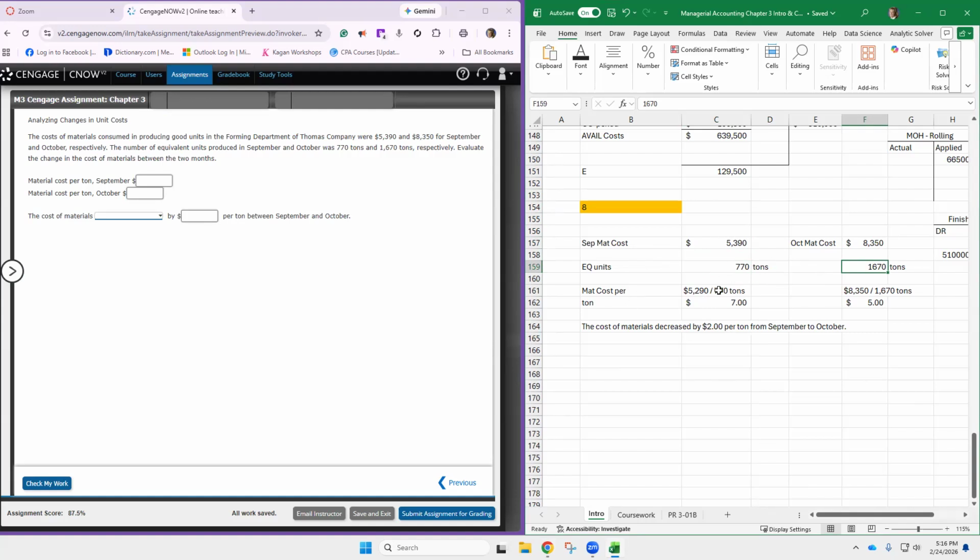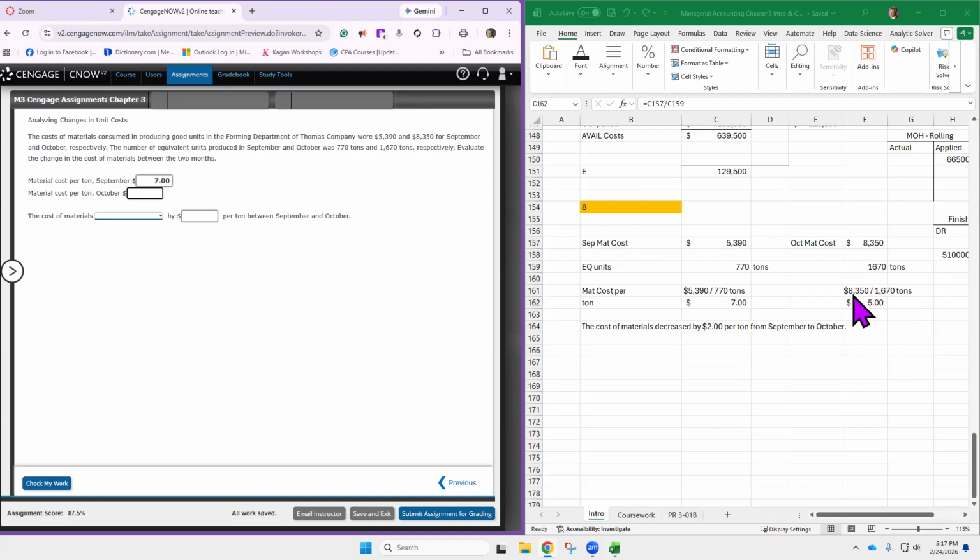Now you're just going to take the number 5,390. So let me fix that. 5,390 divided by 770 tons. And the materials cost in September were $7. Okay, now let's find it for October.